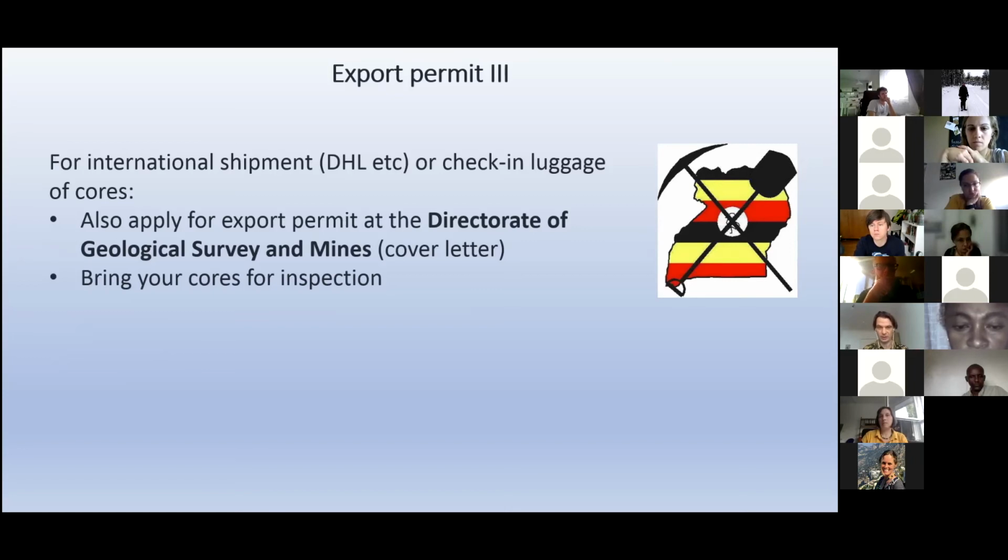They want to see that this mining directorate had inspected the material. I didn't know that I had to run to this place just a day before my visa expired. So it was very difficult, but in the end, everything worked out.